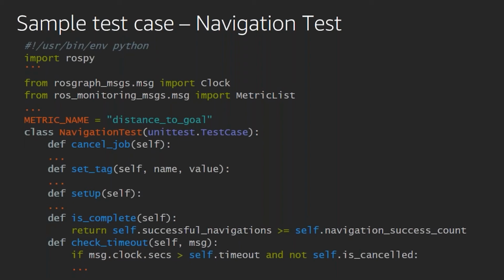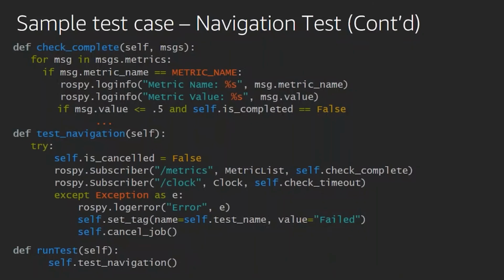In this test case, we're defining our metric, which is the distance to goal. That's what we're trying to test against. You also want to have a timeout. If the robot's never going to reach your goal, you want to time it out. You don't want it to keep going endlessly. So that's what the function at the bottom is, to check the timeout.